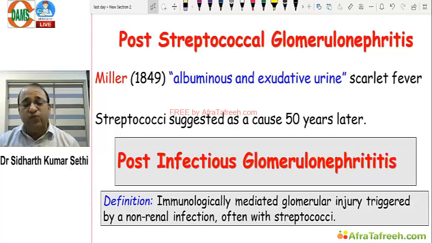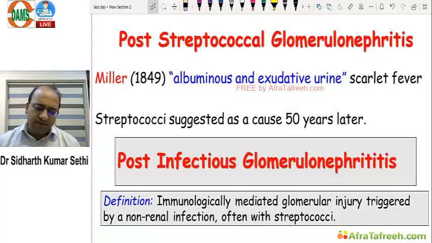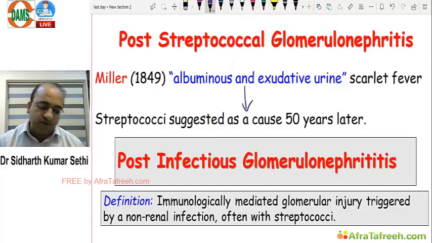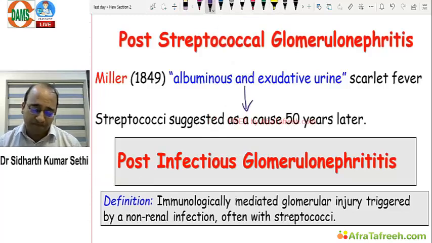Way back in 1849, almost 150 years ago, a scientist named Miller described albuminous and exudative urine in a scarlet fever-like infection. But it took science almost 50 years to understand that post streptococcal glomerulonephritis is caused by streptococci.